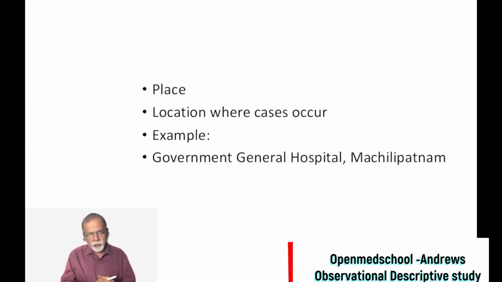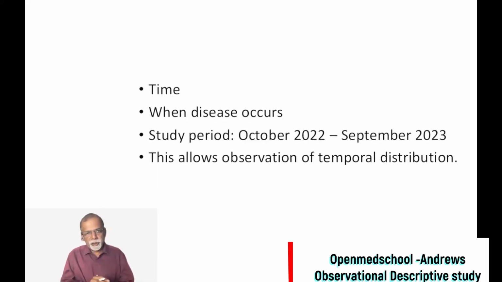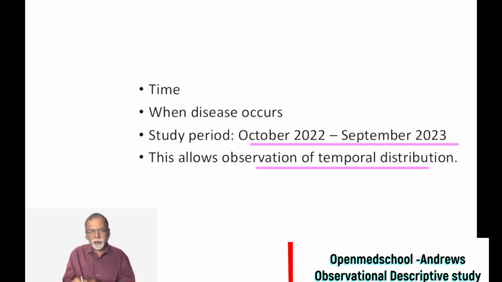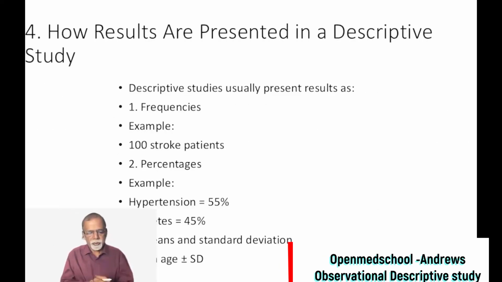The location is also important, so it is described as General Hospital, Chilipattanam. Then the time duration is important because the pattern of a disease during a particular period is described. So October 22 to September 23, a 1 year study. This allows observation of temporal distribution.